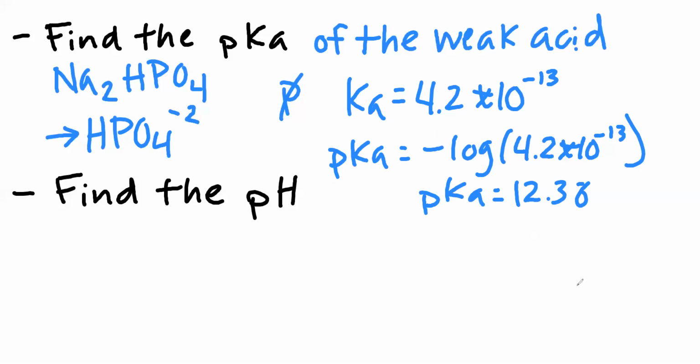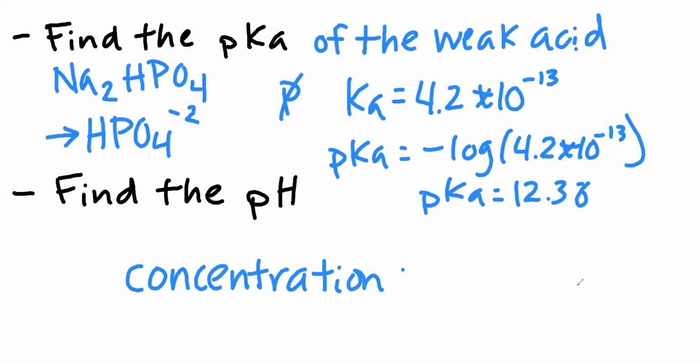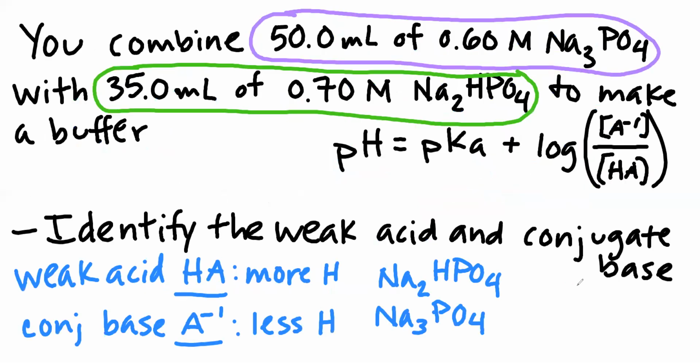So the next thing we need to do is find the pH. To complete plugging in everything to the Henderson-Hasselbalch equation, we need to find the concentrations of the weak acid and the conjugate base. And for that, we're going to use this equation, M1V1 equals M2V2. So just to flip back to our pieces of information, I'll start off first with the conjugate base right here. We have 50 milliliters of it, and its concentration is 0.6 molar.